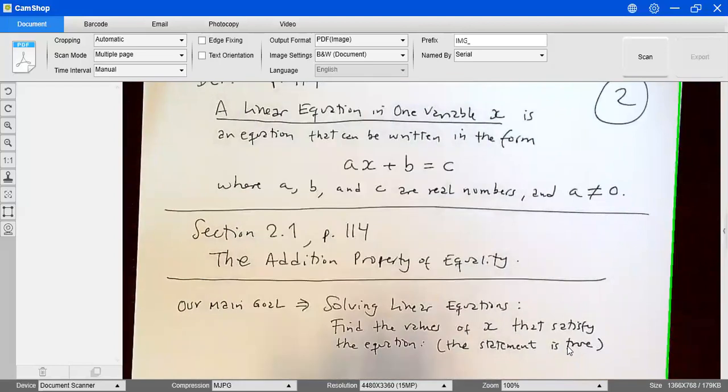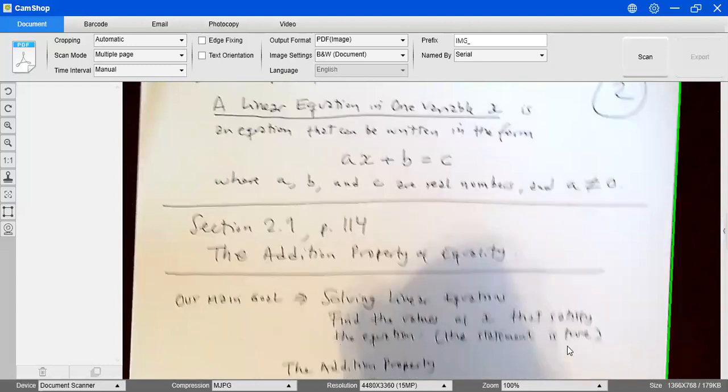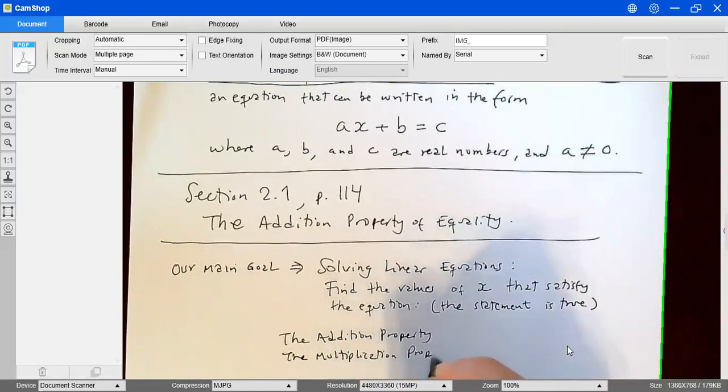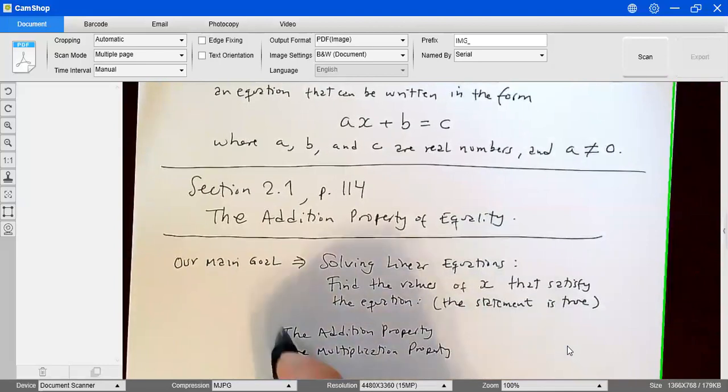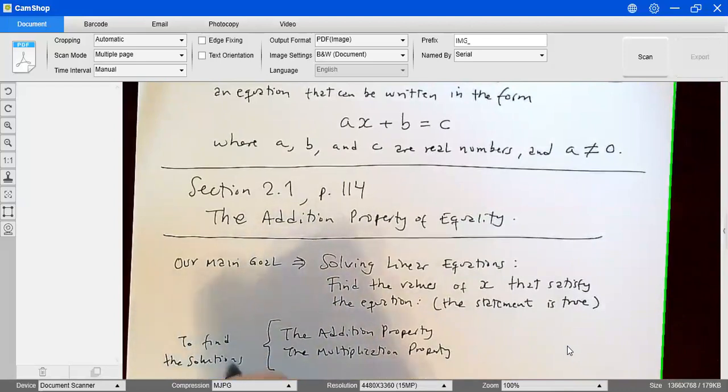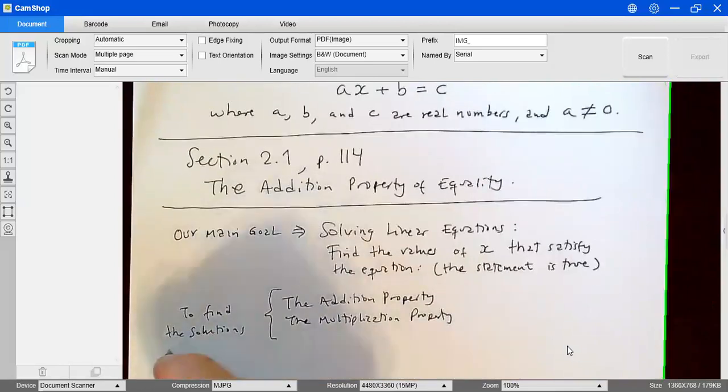And we're going to use two properties to accomplish this goal. We're going to use the addition property, and we're going to use the multiplication property. By using these two rules, we're going to be able to solve a linear equation, that is, find the solutions of the linear equation.